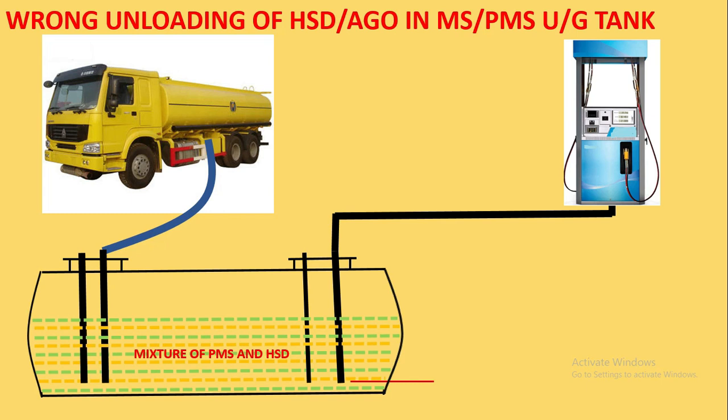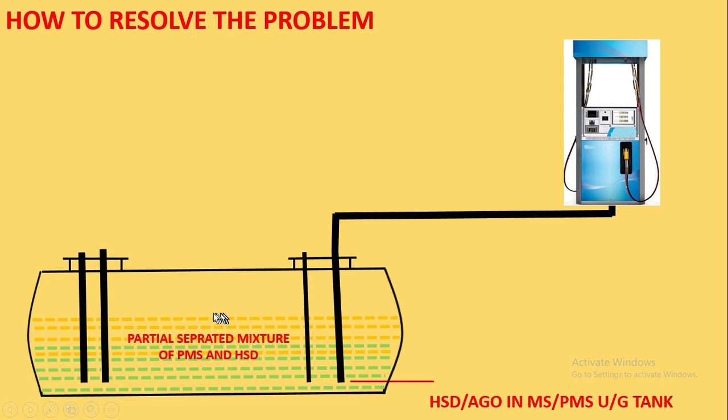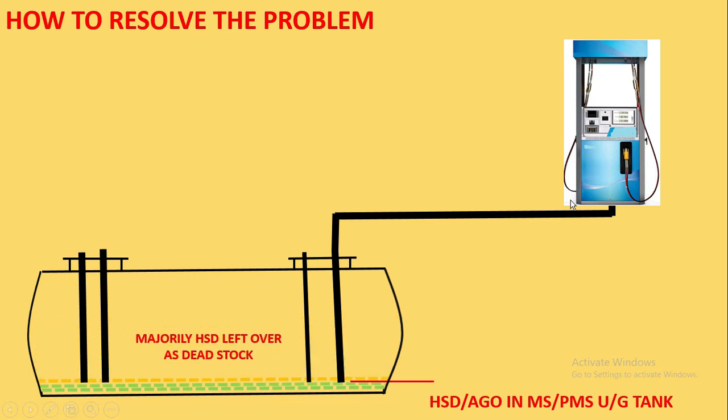Now what will happen? The tank will have a mixture of PMS and HSD, and once it settles down, this tank is an MS tank connected to the MS dispensing unit, but unfortunately the bottom layer of the product will be the AGO or HSD because of the heavier density, and the top layer will be the MS. When you start removing the product from here, you will first remove the HSD into one compartment, then you remove the MS into another compartment.